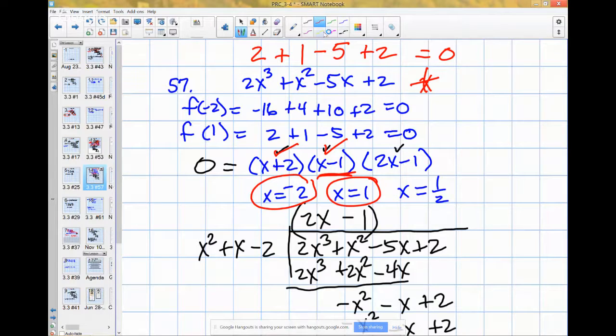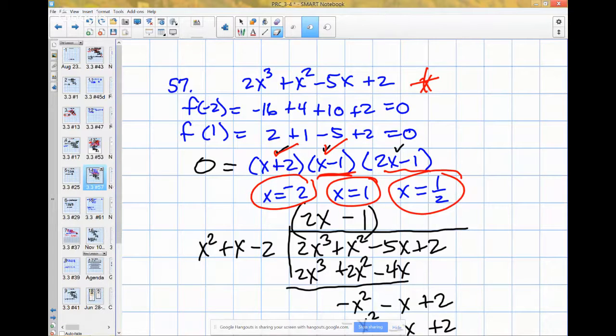And then, let's do it one more time. This time, our third factor, 2x plus 1, set that equal to 0 and solve, and you're going to get x equals 1/2. A little bit harder to calculate, but let's do it. 1/2 cubed is 1/8.